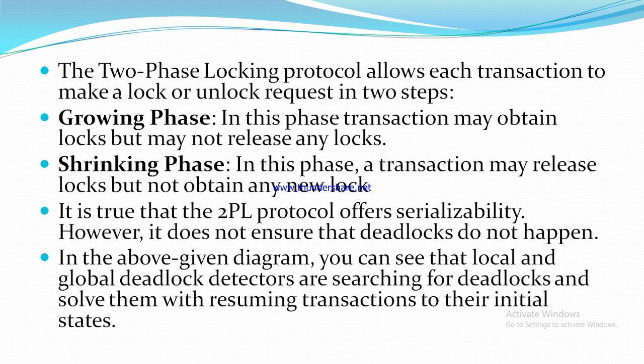So it offers serializability, but the problem here is that local and global deadlock detectors search for deadlocks and solve them by resuming transactions to their initial stage. So that is a disadvantage of the locking phase.